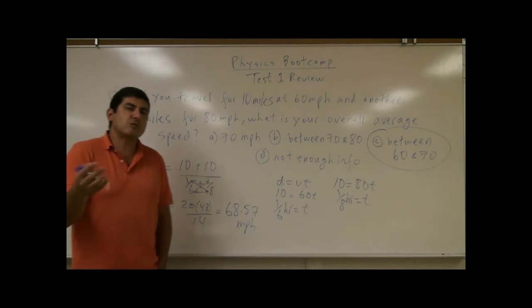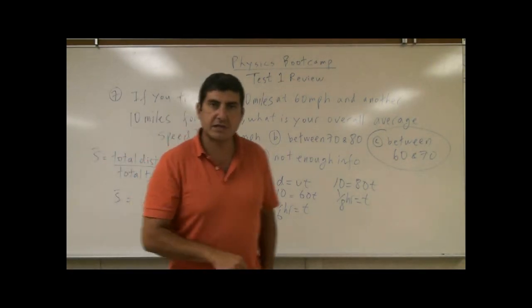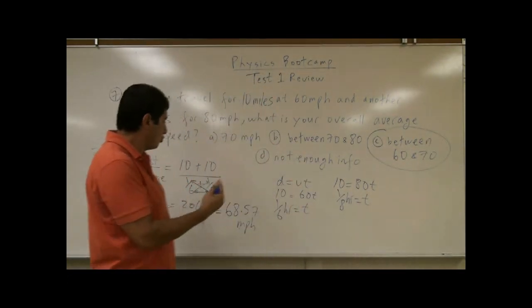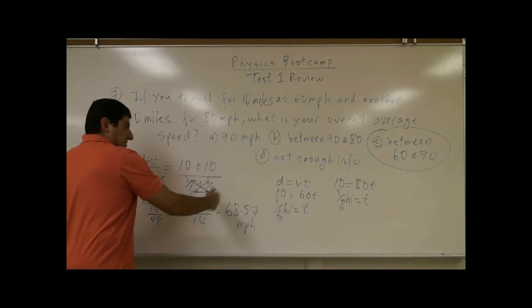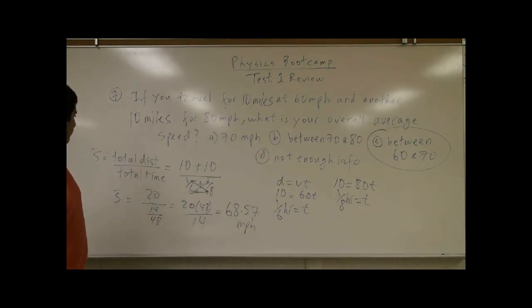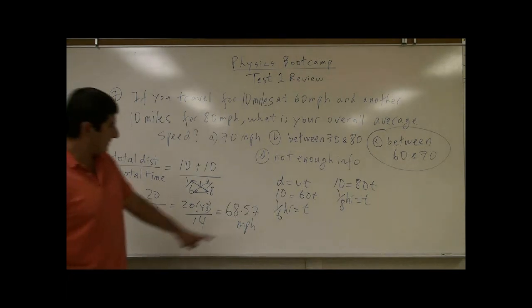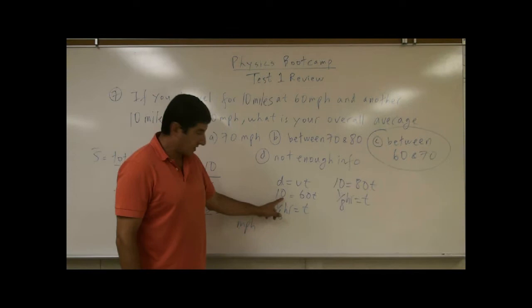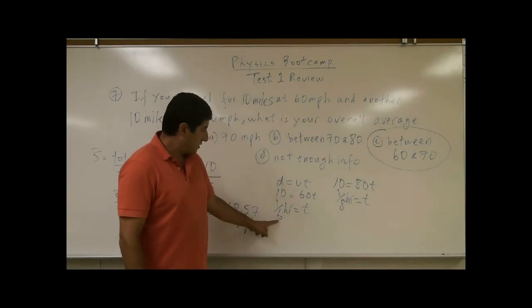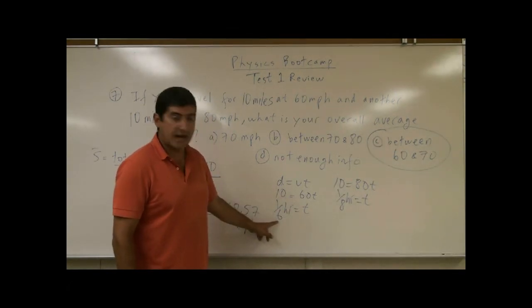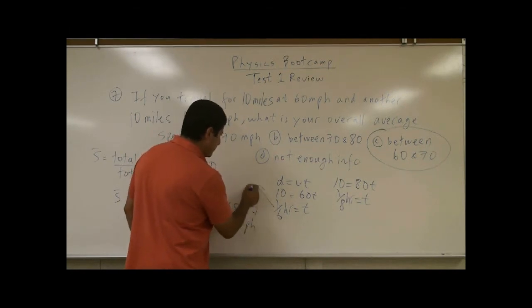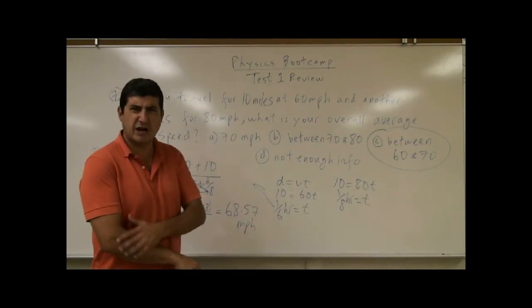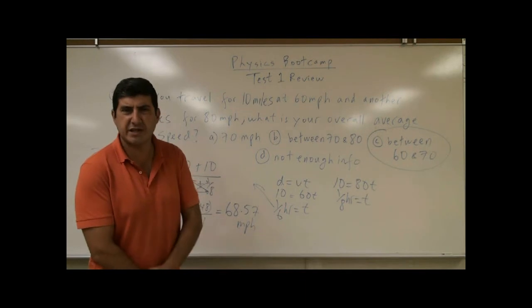Now let's explain why that is. What's happening here? Why is it closer to the 60 instead of 70? Well, here is the argument you can make. If you're going 10 miles at 60 miles an hour, you're going to travel 1/6 of an hour, which is how many minutes? An hour is 60 minutes divided by 6.